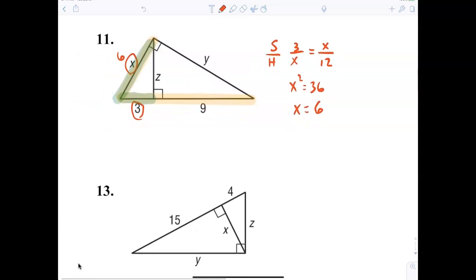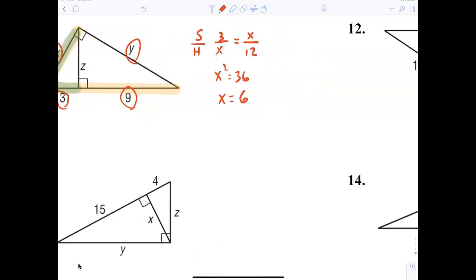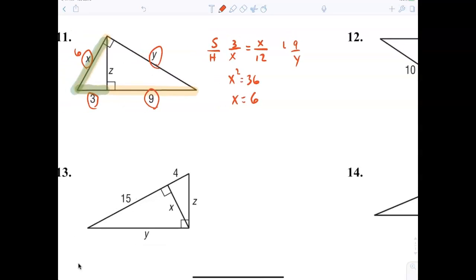Now what we're going to do is 9 over y. If I do 9 over y, I want to label what that is. 9 is the long leg, and y is the hypotenuse. So now I have to find a long leg and a hypotenuse.